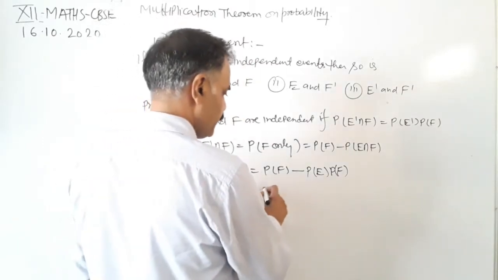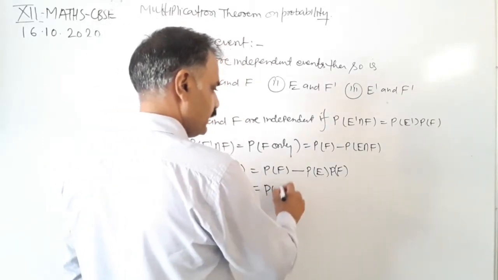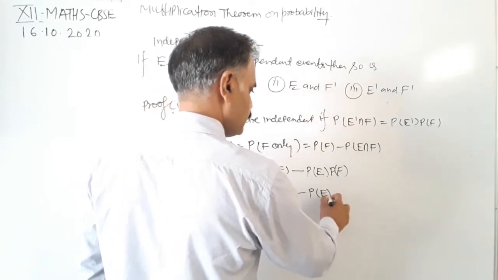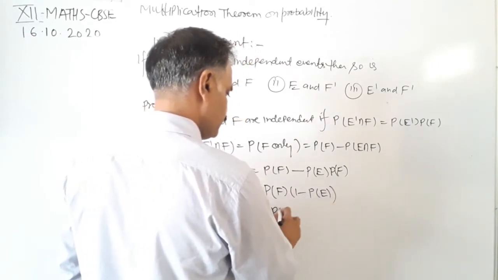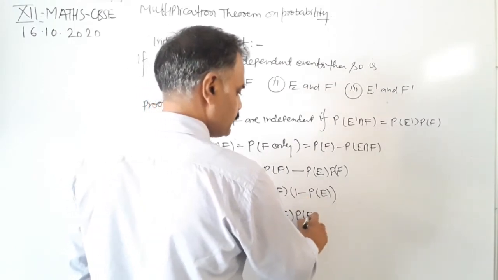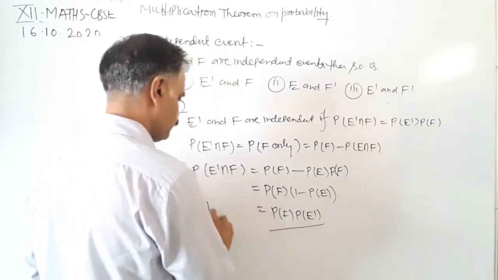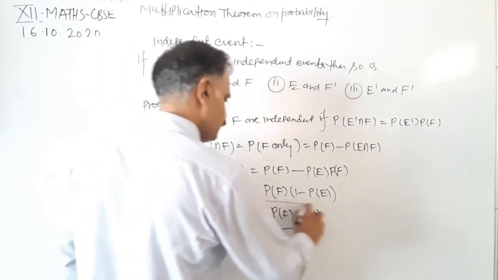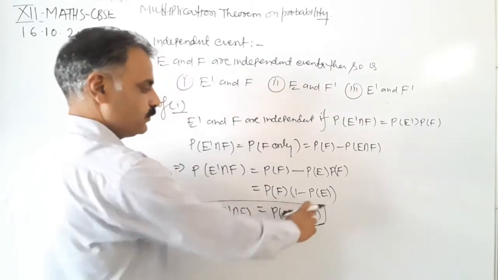This can be written as, taking P(F) common, P(F) into 1 minus P(E), that is P(E dash). So P(E dash intersection F) is equal to P(E dash) into P(F).